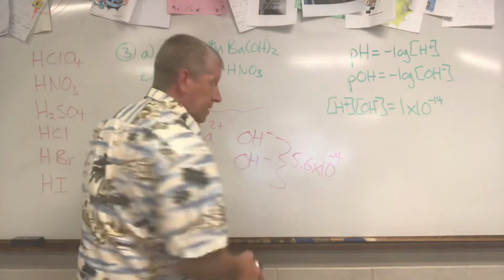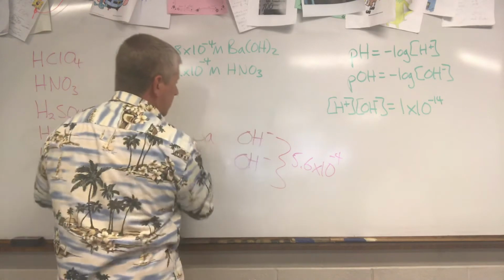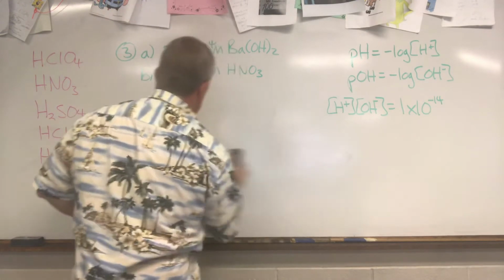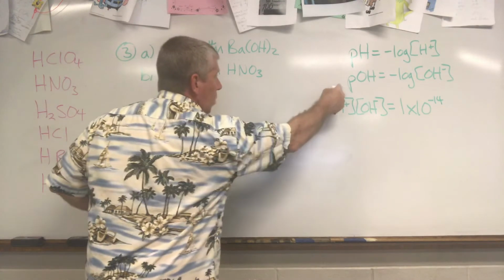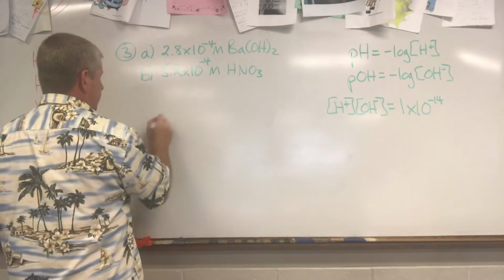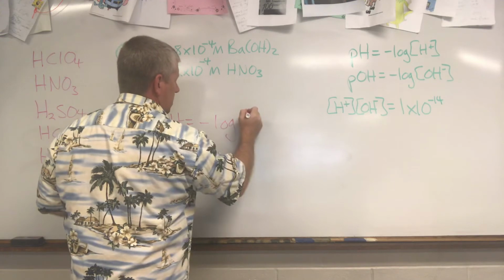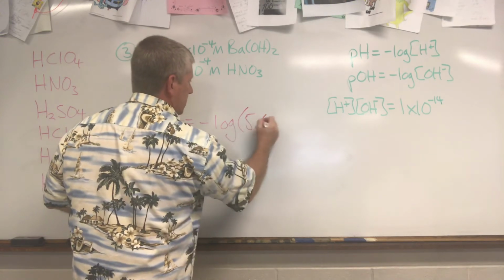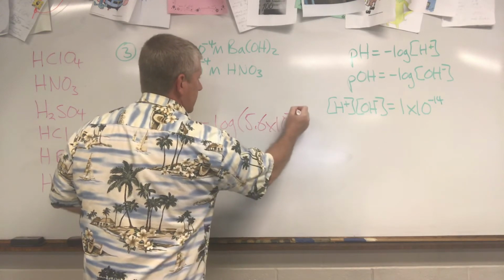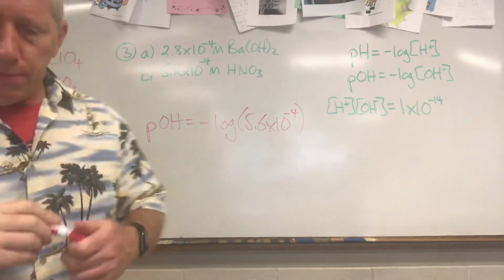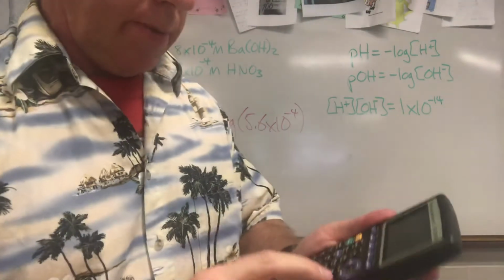So 5.6 times 10 to the negative 4. I've got to remember that number because I'm erasing it. Let's get the pOH of the OH. Negative log of 5.6 times 10 to the negative 4. All right, let's do it. Let's go ahead and hit the calculator here, clear this out.